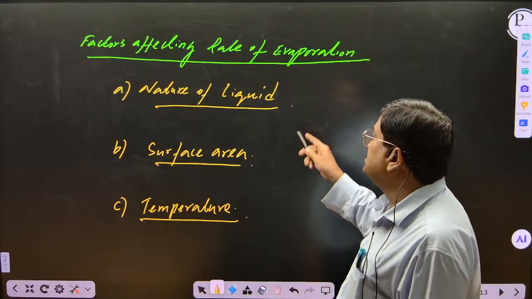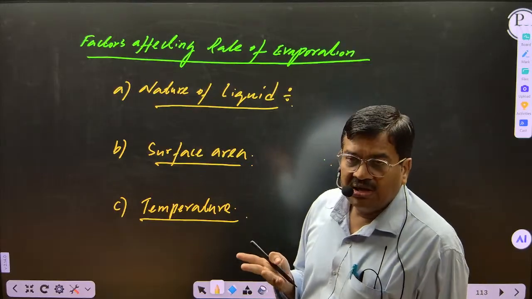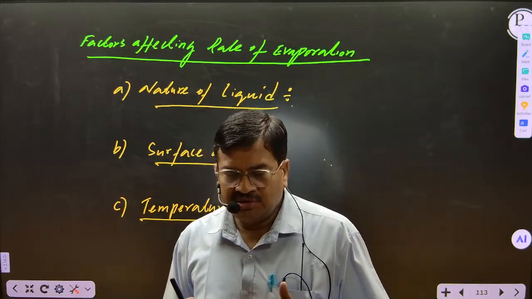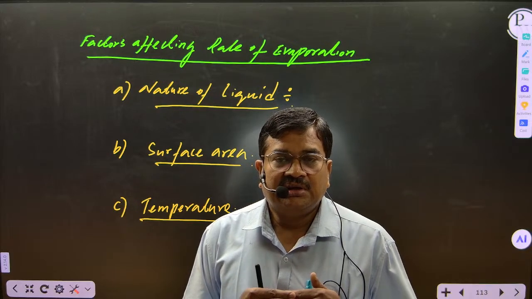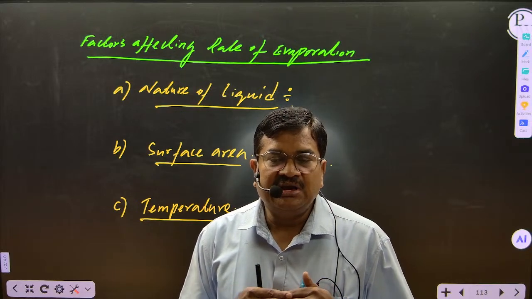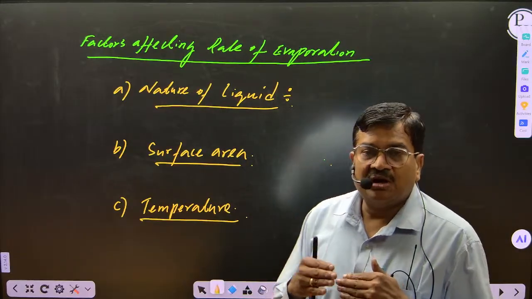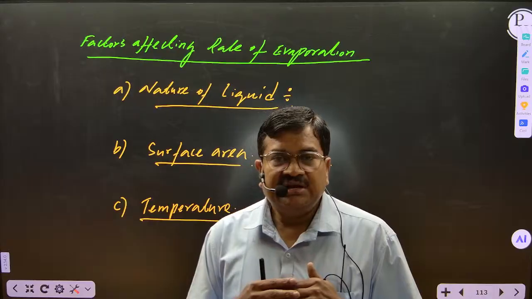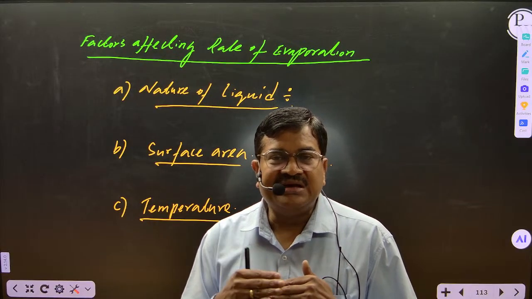Now see how the nature of the liquid will affect the rate of evaporation. Between the liquid molecules, intermolecular forces will be there. If the intermolecular forces are strong between the two liquids, tell me, will the rate of evaporation be more or less?